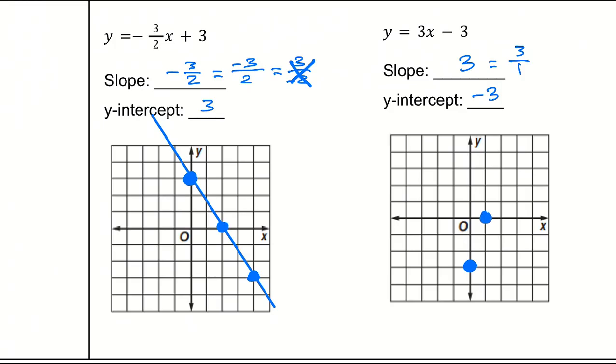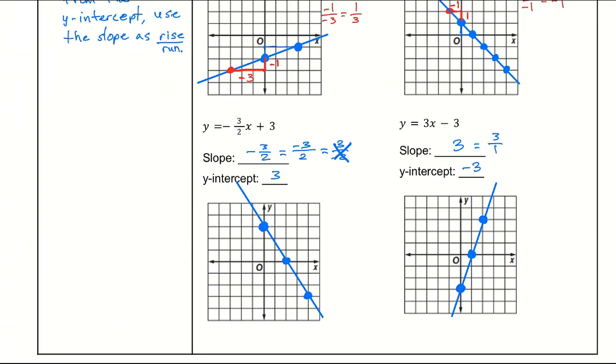Up 3 over to the right 1. And again, if I do it one more time, I'll be off the graph. But this is just fine for me. There it is. Okay? That's it. That's graphing using the slope and the y-intercept.